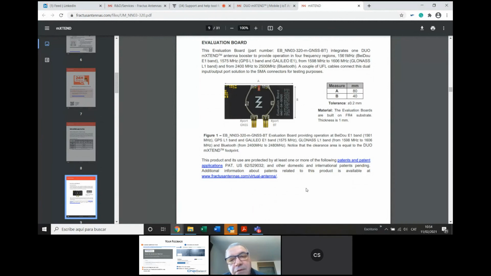But if you say, okay, I need to maximize the efficiency in GPS, then we recommend making one single antenna for GPS, because always when you are working with a combo antenna or with a modular antenna, you always pay a price in efficiency. It depends on your requirements, and we can recommend one option or another in function of your inputs. Okay, that's good. Very good.